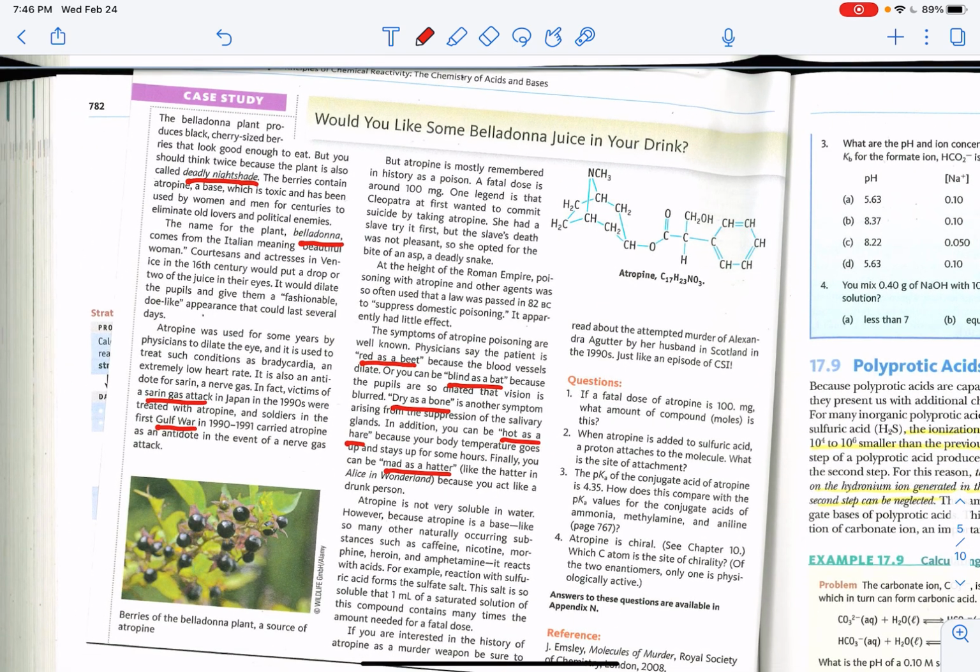Now here's an interesting little story, a sidelight. Looks like my page got folded under there in the copy machine. But this is deadly nightshade, and it's kind of interesting because last spring I was walking in our neighborhood, and a neighbor whose husband had just died was working in the lawn, and we had chatted a number of times.